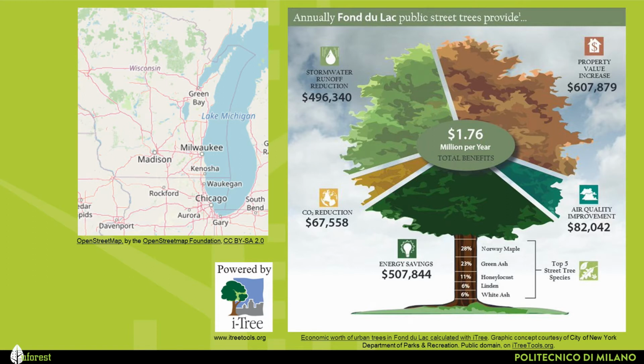This is based on a selection of ecosystem services as property value, air quality, energy savings, CO2 emission, and stormwater runoff reduction. This is a very specific calculation for an American city, and the calculation has been done using iTree, a software developed by the United States Forest Service and other partners to calculate the benefits generated by urban trees and urban forests.